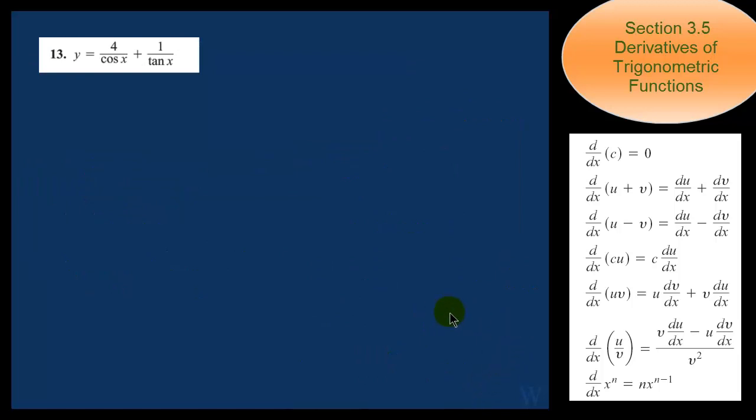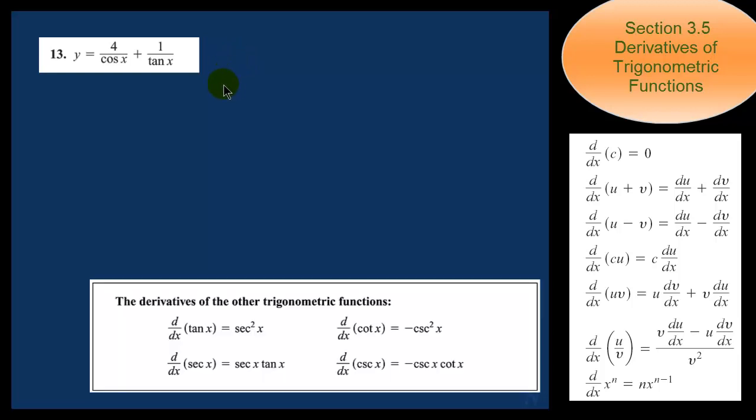Let's work on this problem. What is the derivative of y equal to 4 over cosine x plus 1 over tangent x? There are different ways of approaching this problem.